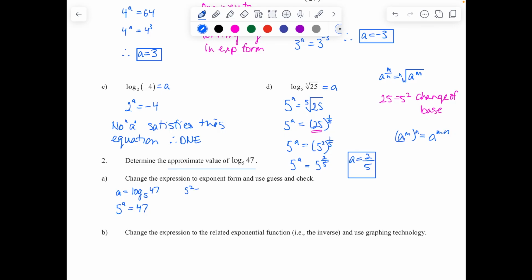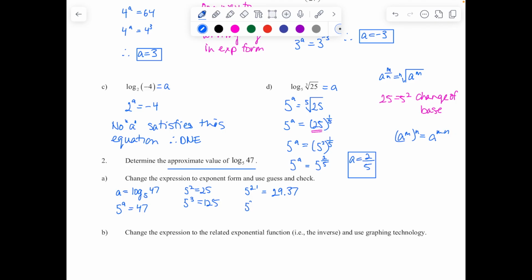I know that 5 squared is 25, and 5 cubed is 125. If I want to estimate it, I can throw it in my calculator. I can start with something like 5 to the power of 2.1, because I know it's going to land somewhere between 2 and 3, but closer to 2.